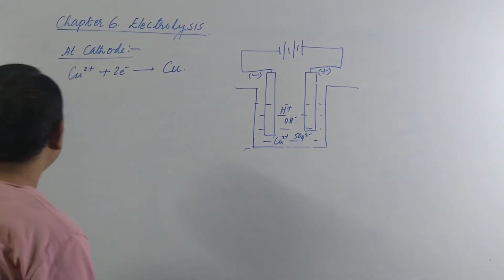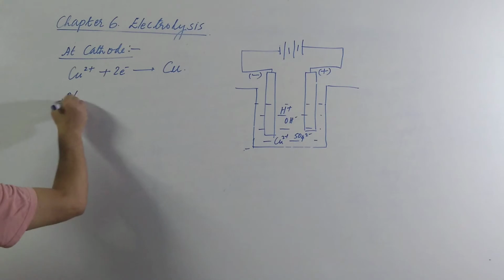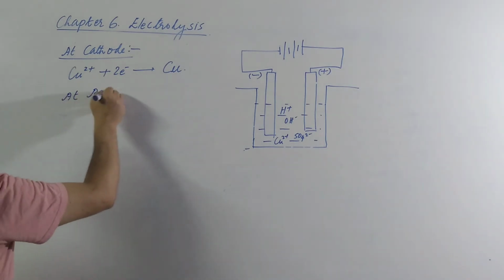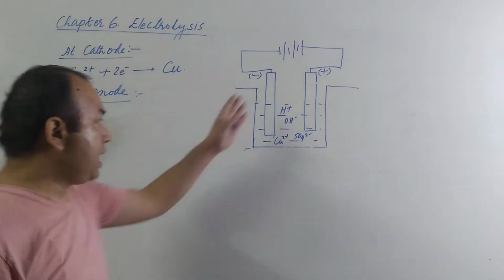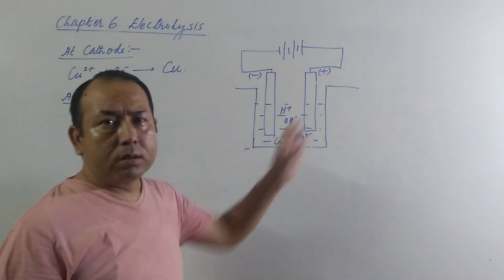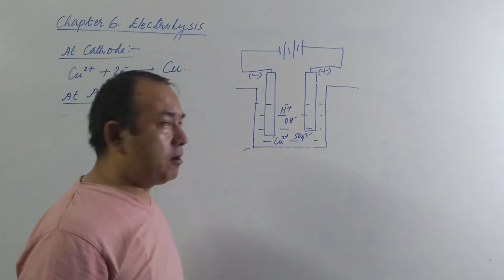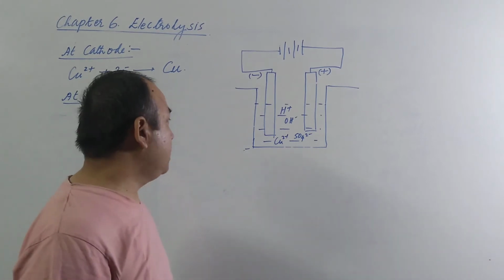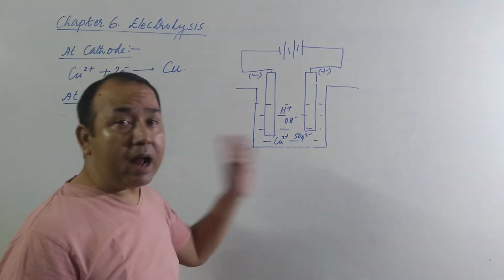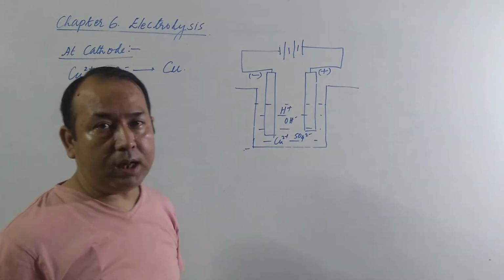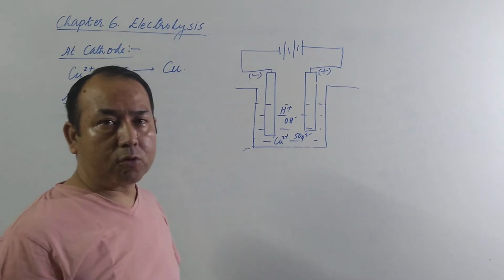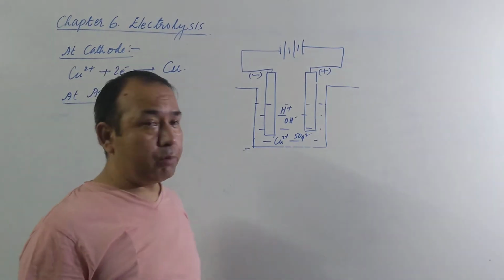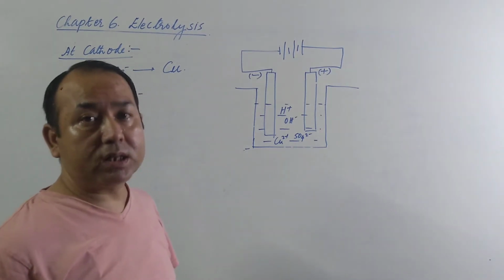Now let us discuss what happens at the anode. Hydrogen ion and sulfate ion both run towards the anode, and hydroxyl ion and sulfate ion both run towards the anode. As hydroxyl ion occupies a lower position in the electrochemical series as compared to sulfate ion, the hydroxyl ion will get discharged.